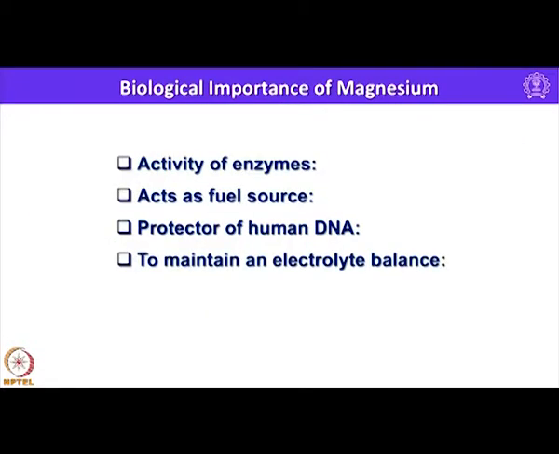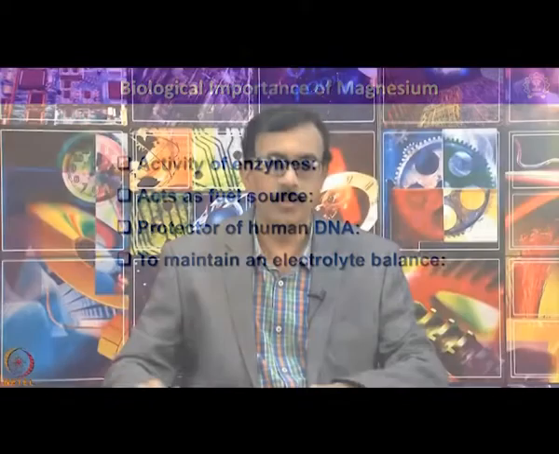Okay. And when it comes to the biological importance of magnesium, it is not lagging behind. It plays a major role in the activity of enzymes, and also it acts as a fuel source, and it is a protector of human DNA, and also it has a major role in maintaining electrolyte balance. So, in human biology, you may be curious to know the fact that magnesium is the 11th most abundant element by mass in the human body.